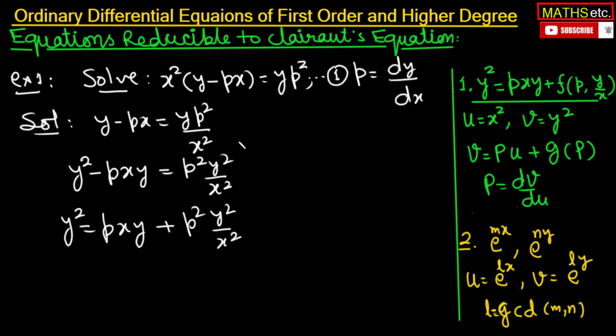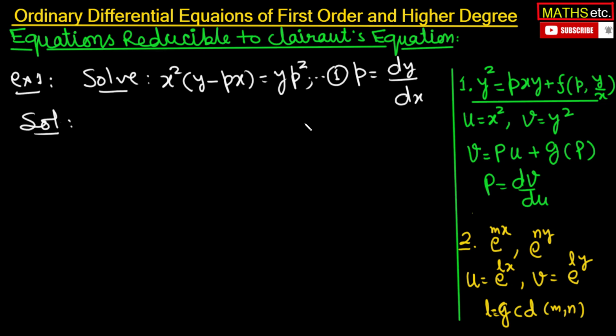So we can see that the given equation we can rewrite in the form y square equals p x y plus some function of the p variable and the y over x variable. So this allows us to take the transformation as u equals x square and v equals y square. After that, it will be converted into Clairaut's form.